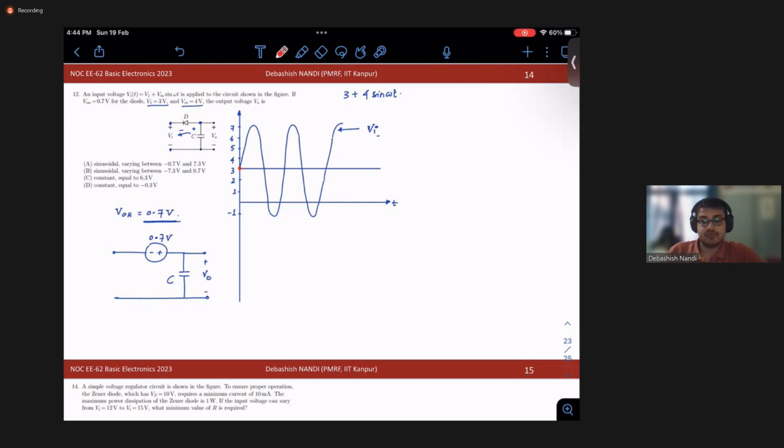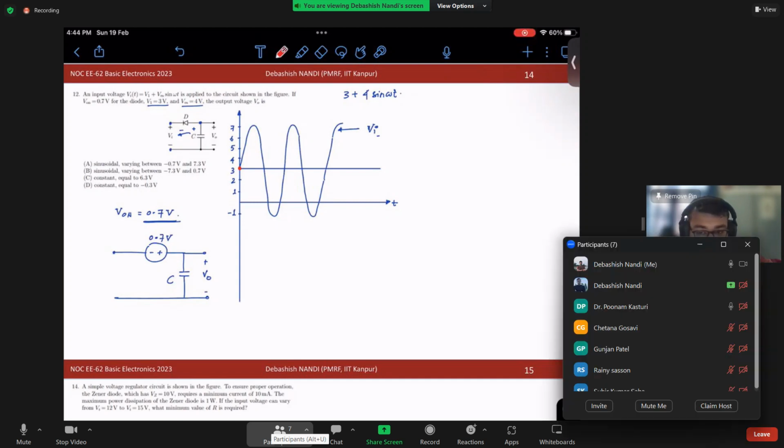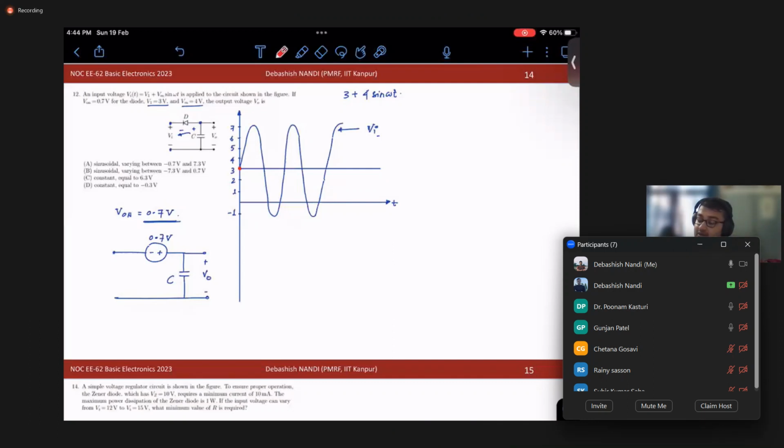The output will be zero, because the diode is reverse biased. Okay. And you are assuming that the capacitor does not store any charge, right? The capacitor is not charged. In that case, your output is 0.